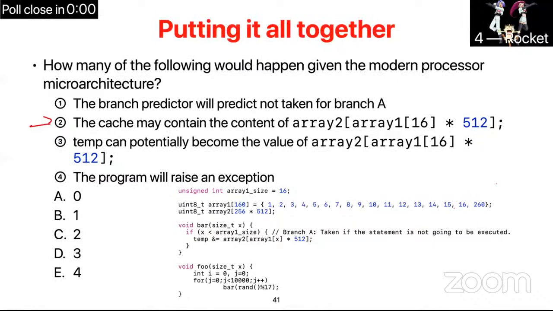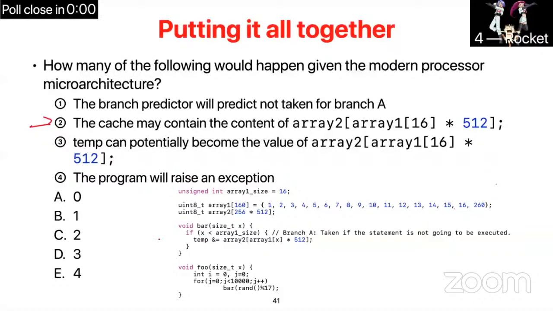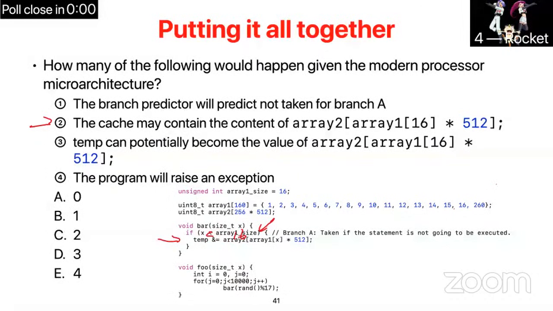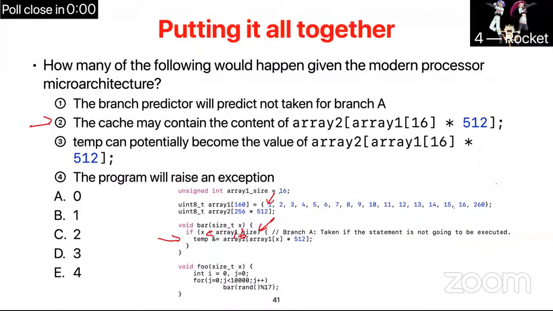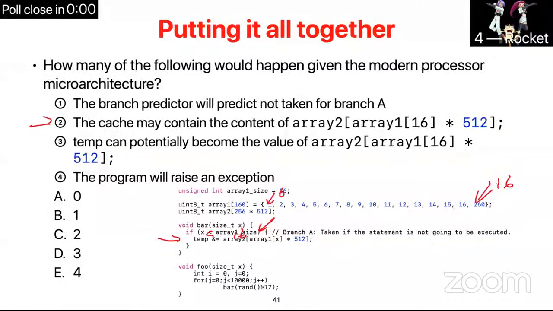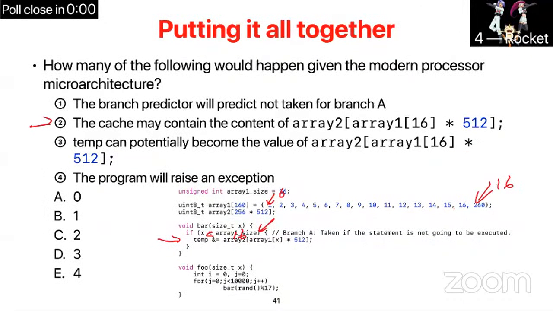Yeah, but if you look at this one, it's x smaller than 16, and this is 0, and this is 16. So if your x is 16, the 16 here will never be executed, right?